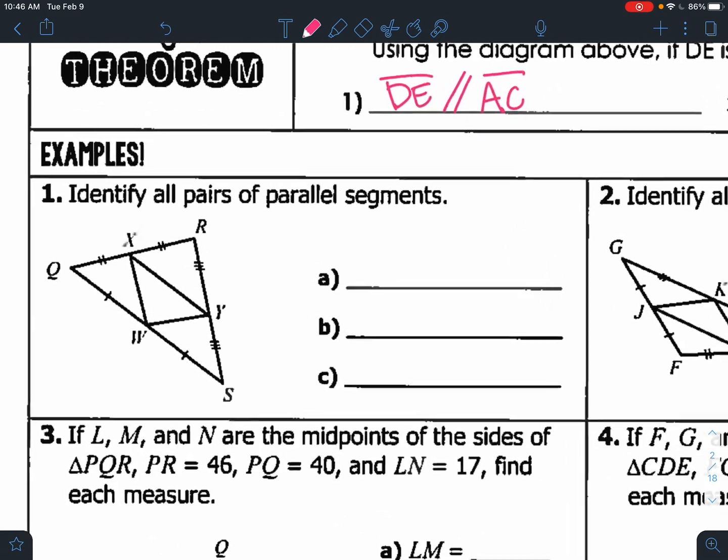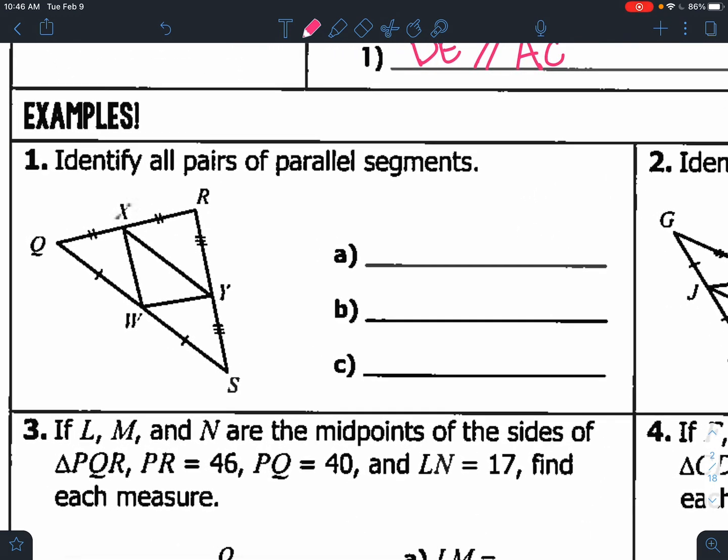So if we take a look here at number 1, we're not going to do all of these examples because some of them are kind of monotonous. It says identify all pairs of parallel segments. So if I'm looking at XR, that will be parallel to WY.